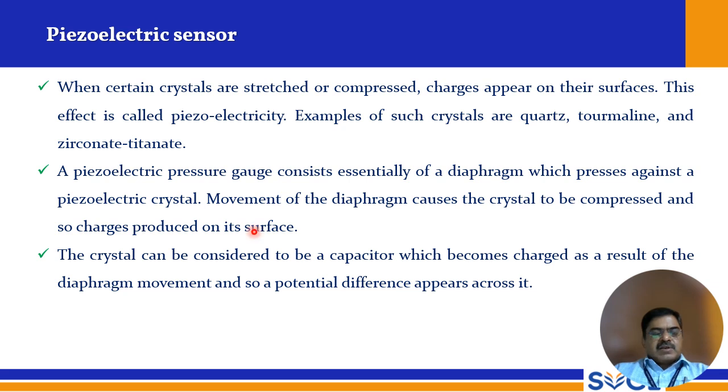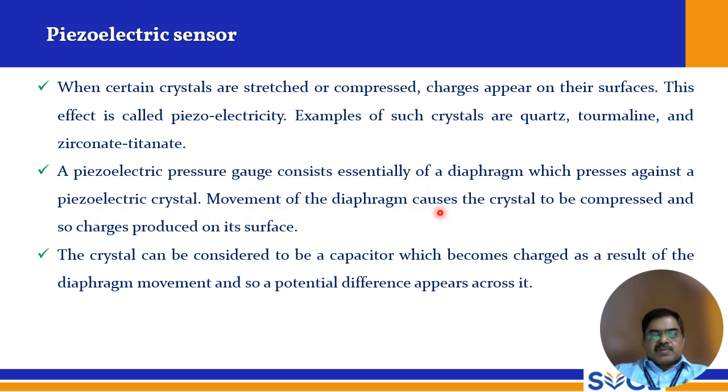And the piezoelectric sensor: when certain crystals are stretched or compressed, charges appear on their surfaces. This effect is called piezoelectricity. Examples of such crystals are quartz, tourmaline, and lead zirconate titanate. The piezoelectric pressure gauge consists essentially of a diaphragm which presses against a piezoelectric crystal.